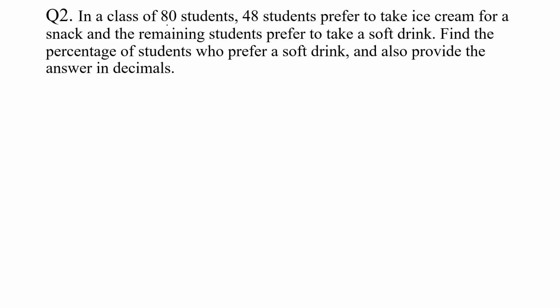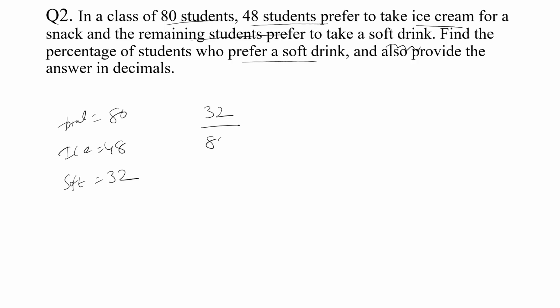Now, in a class of 80 students, 48 students prefer to take ice cream, and the remaining students prefer soft drinks. So how many prefer soft drinks? That is 32. Find the percentage of students who prefer soft drinks. 32 students, and total students 80.